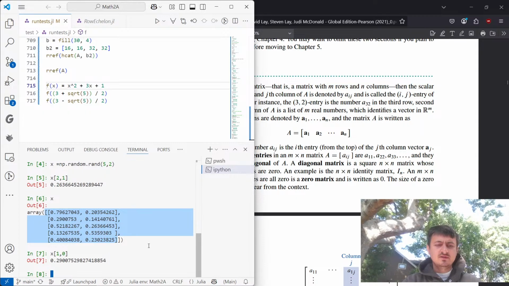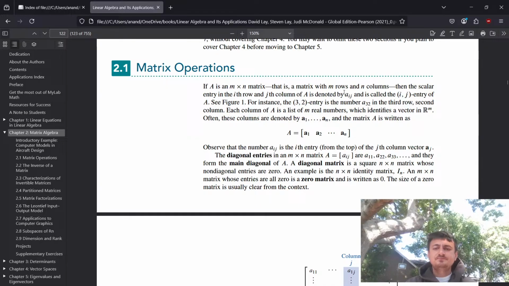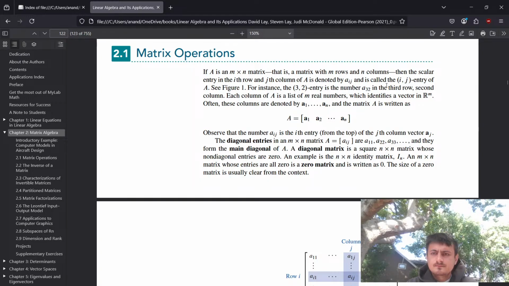So the contiguous would be this, then the next row. All right. Okay, that's column. Observe that.